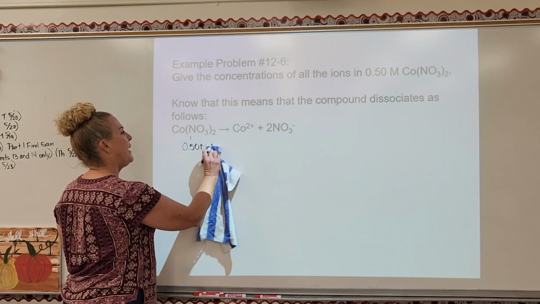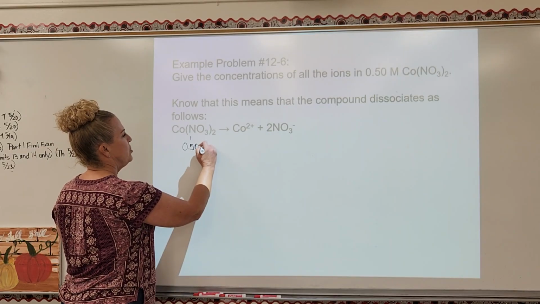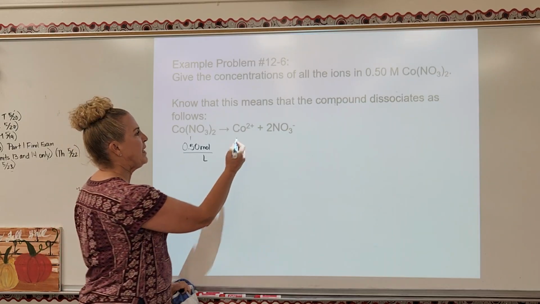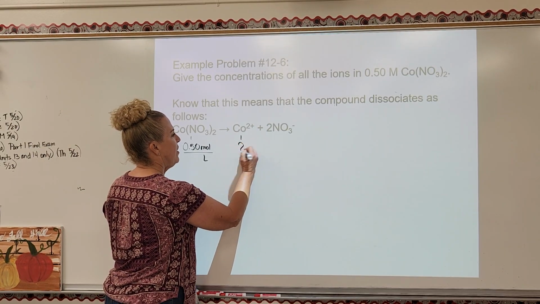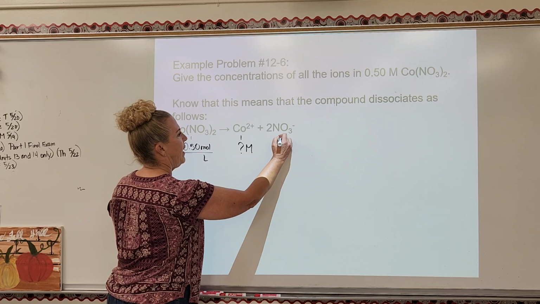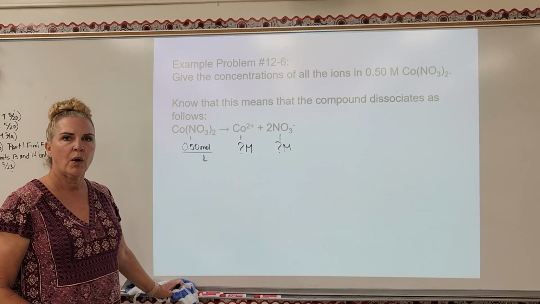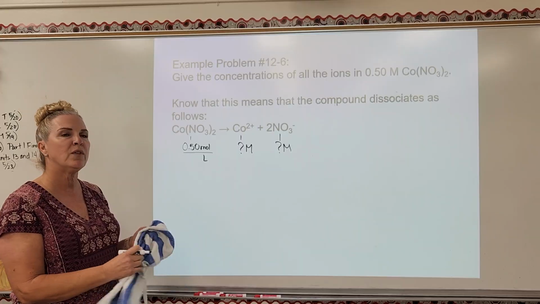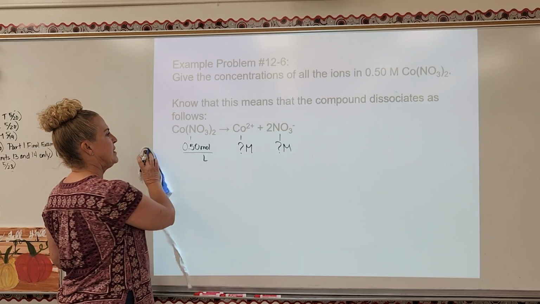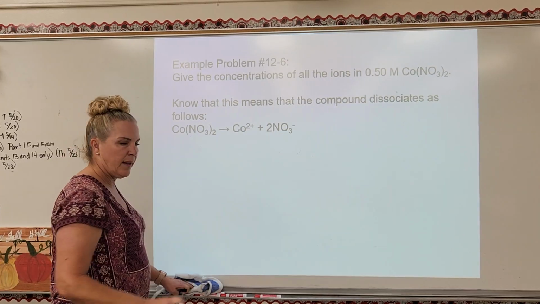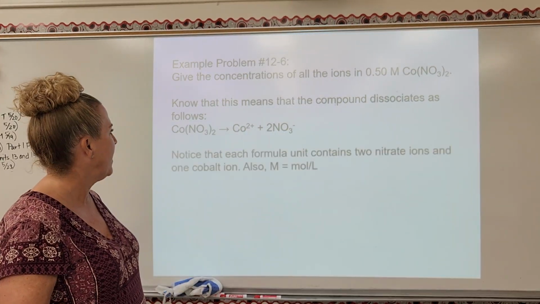Or I can change this to moles per liter if needed. And the question is, what is the concentration of this and what is the concentration of this? All right, so those are the 2 things. We're looking for 2 things. This is 2 questions. Let me go ahead and erase this, and we'll let the PowerPoint do its magic.